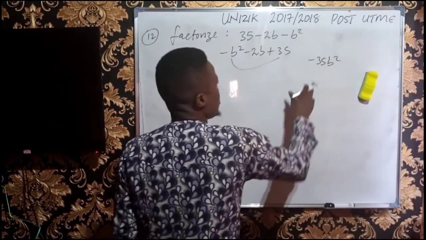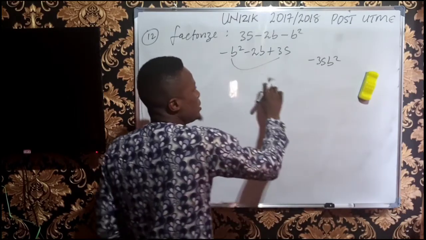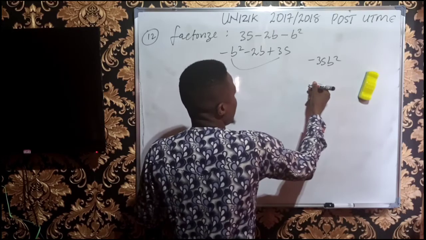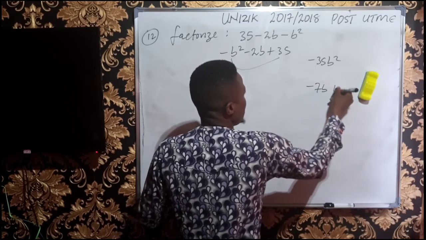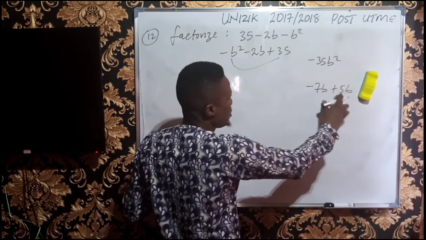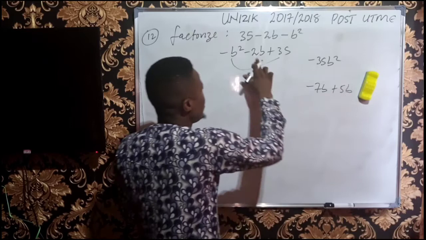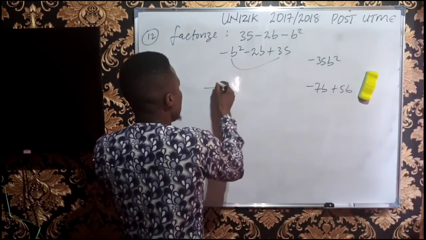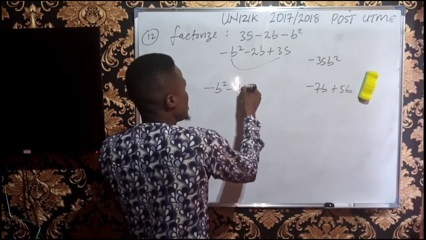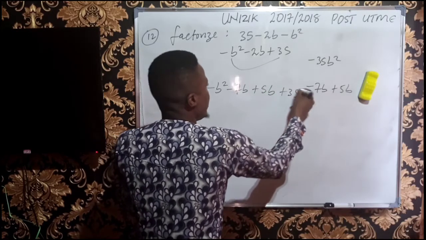Think of two numbers that multiply to give minus 35b squared and add to give minus 2b. You should get minus 7b and plus 5b, because minus 7b times 5b is minus 35b squared, and minus 7b plus 5b gives us minus 2b. So we shall have minus b squared minus 7b plus 5b plus 35.